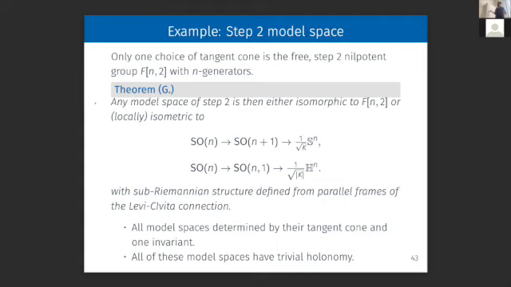And if you are some sort of model space in step 2, then either you are this free group, or you have the curved version where you are either the frame bundle essentially of the sphere or the frame bundle of the hyperbolic space. So you are either SO(n+1) or SO(n,1) with sub-Riemannian structure defined by the Levi-Civita connection.